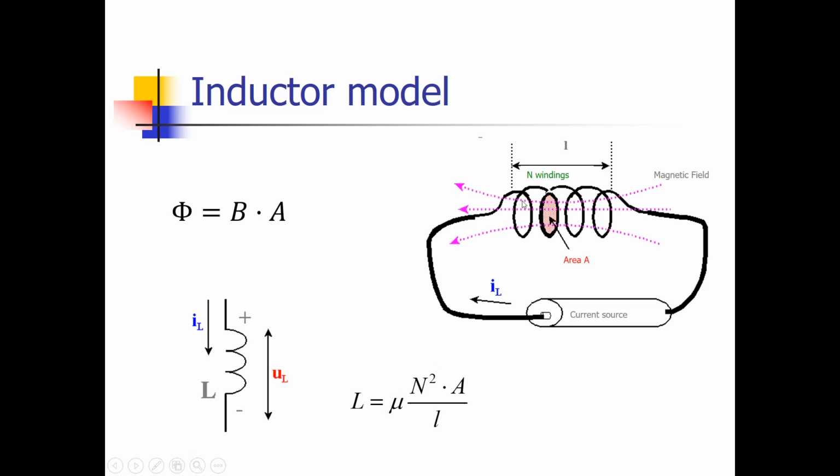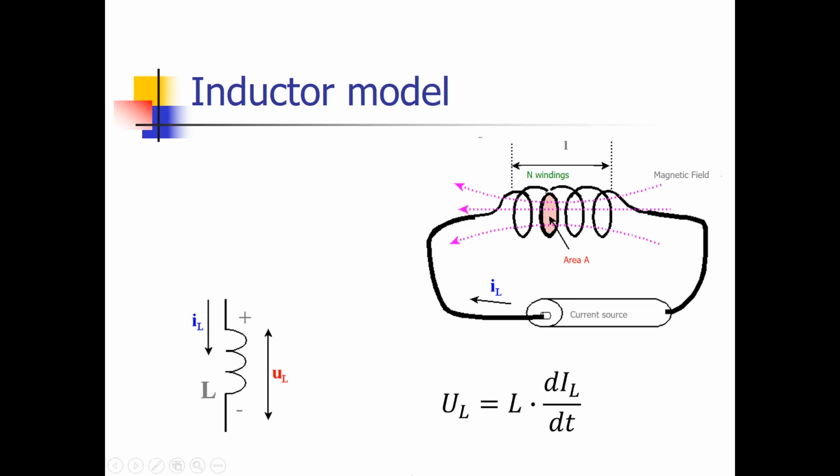N is the number of windings, 4 in this example. A was the cross section, the area over here, and l is the length of this inductor. L is also equal to the flux, which is defined over here, divided by IL, the current through this inductor. And the unit of inductance is Henry. It's named after a French guy, Henry. So that's the unit of inductance.